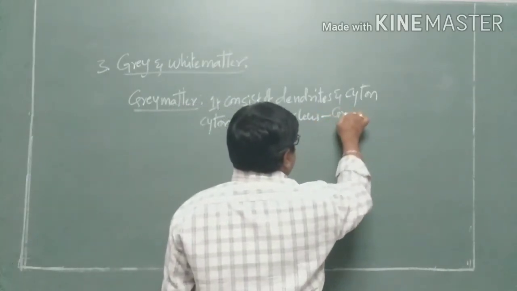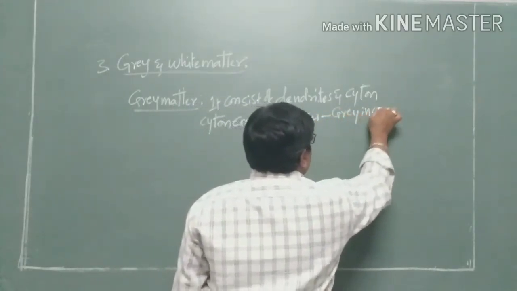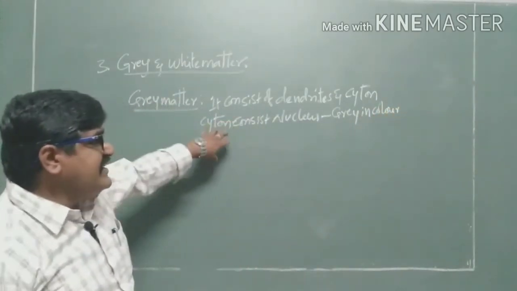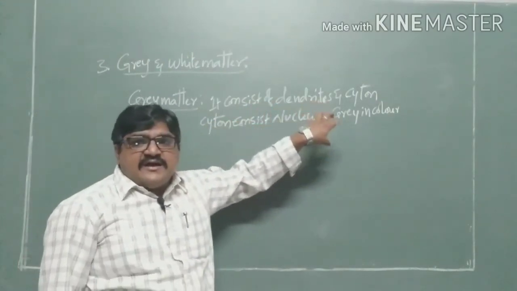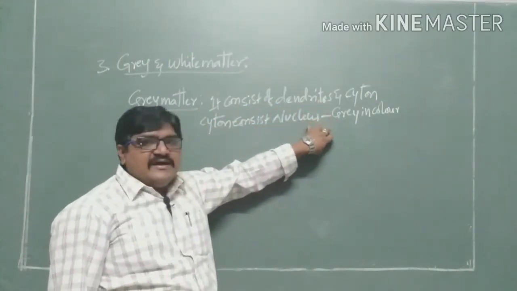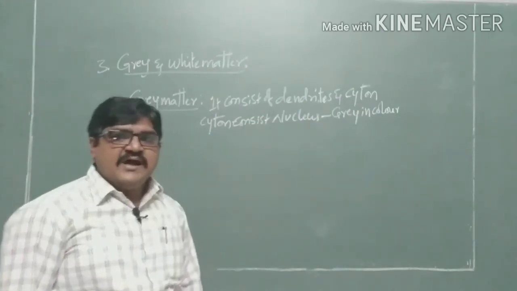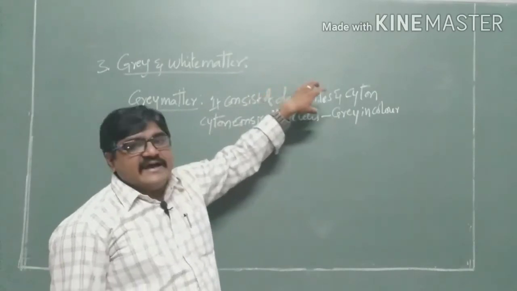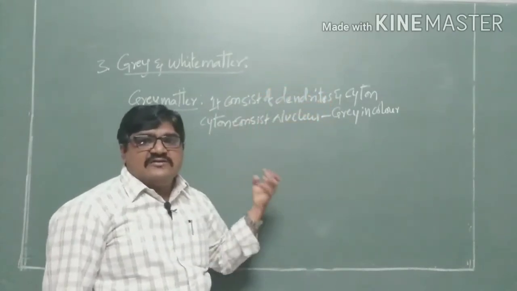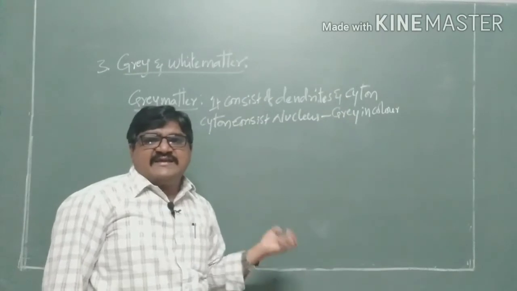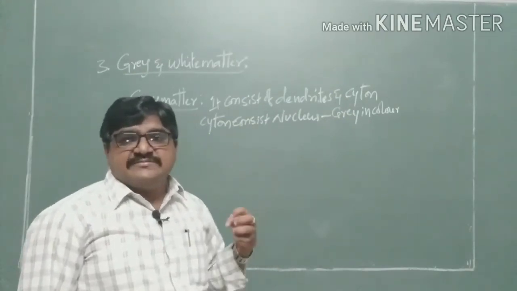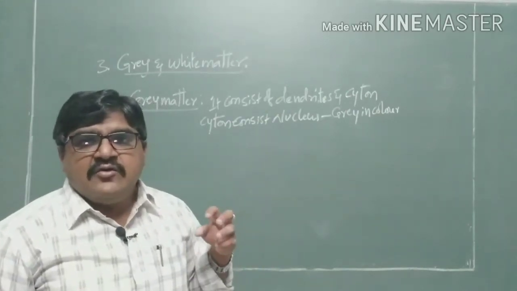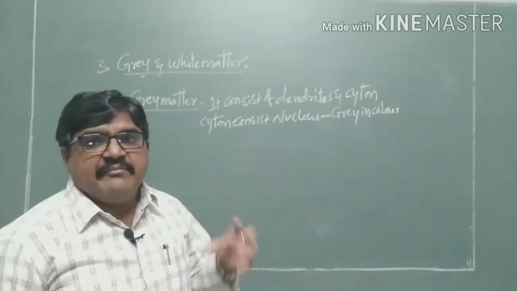Due to the presence of the cyton, whose nucleus is gray in color, this matter we call the gray matter, which consists of the dendrites as well as the cyton.